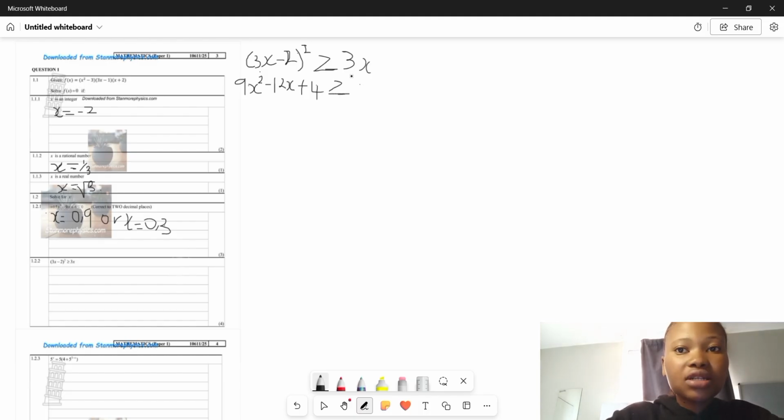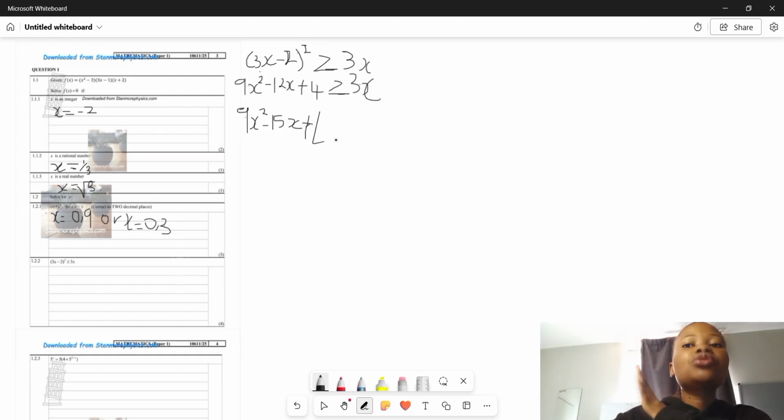After we have expanded it, we're going to be left with 9x squared. We're going to expand it and multiply the brackets, removing the square and also the brackets. Now we have 9x squared minus 12x plus 4, which is greater or equal to 3x. Because we are given such things, we need to take 3x to the other side.